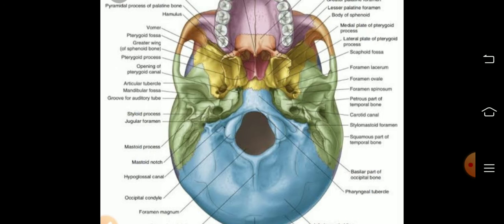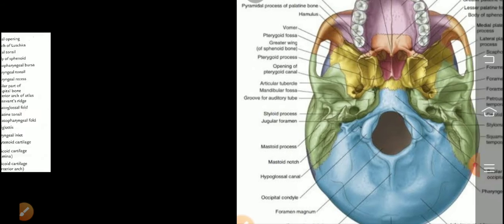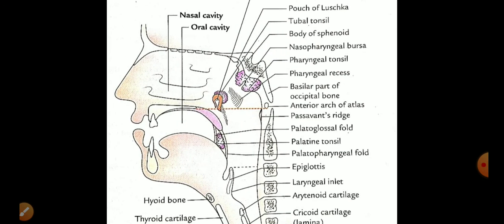Now we are going to study the main features of the nasopharynx. The first feature of the nasopharynx is the nasopharyngeal tonsil, also called the pharyngeal tonsil. A tonsil is a secondary lymphoid organ, so it will be composed of lymphoid tissue beneath the mucous membrane.